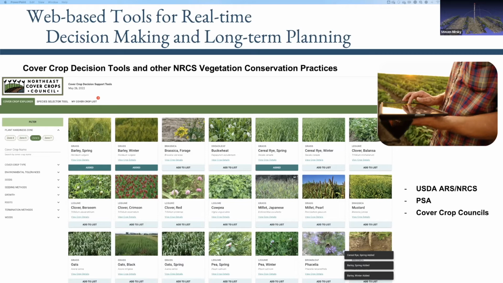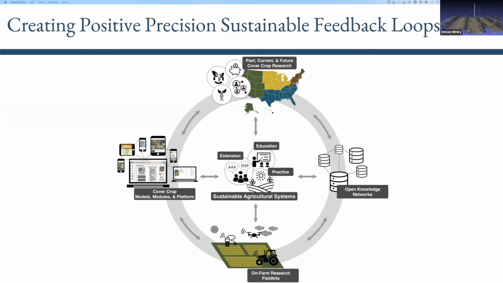And these will be national resources with their own site specific recommendations to serve farmers and ag professionals. So when we aggregate and break down our data silos across these national networks, we put that into our databases. Those databases are fitting into our models and our decision tools. And then we're doing this on-farm research. Well, that on-farm research is being done by farmers who are also using our tools.